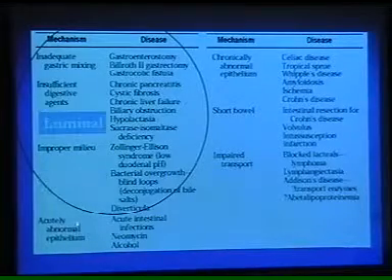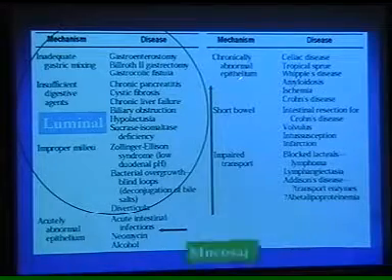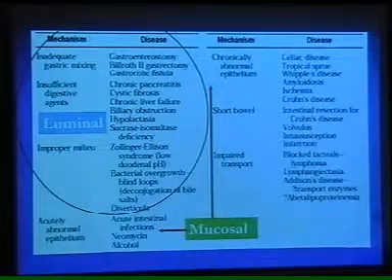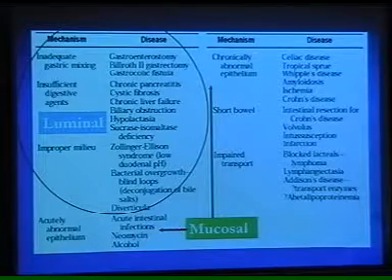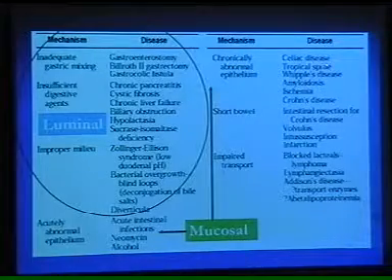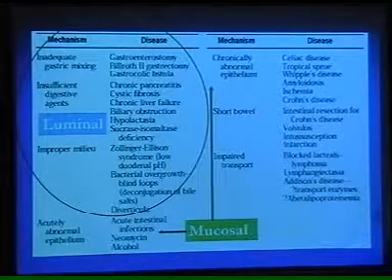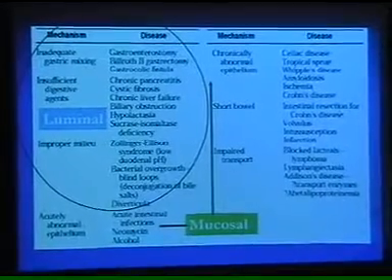The other thing is mucosal, which is acutely abnormal epithelium or chronically abnormal epithelium. Acutely, mostly in infections like Giardia lamblia, and in chronic, celiac disease, which is a disease due to hypersensitivity to wheat, which contains a protein called gluten or gliadin.